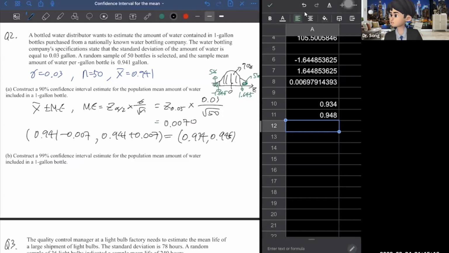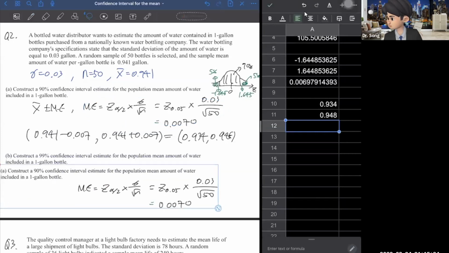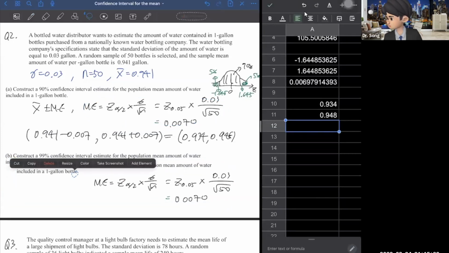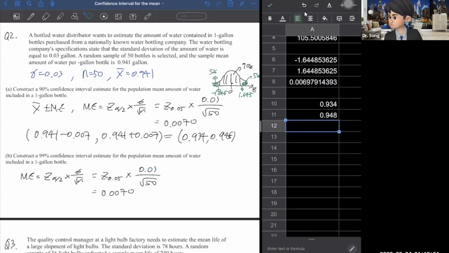Then you just need to update this Z critical value. So let me copy and paste here. But what we're going to do is change this Z alpha over 2. Now this Z alpha over 2 becomes Z 0.005.